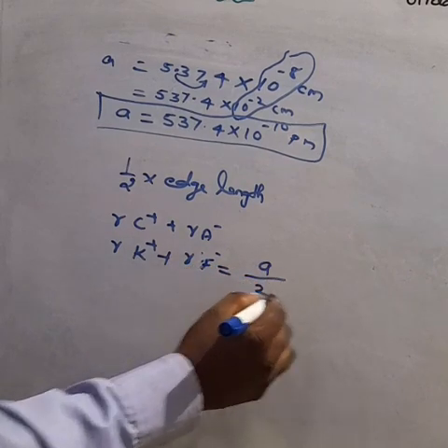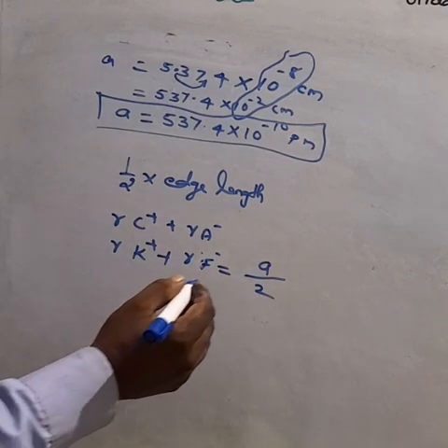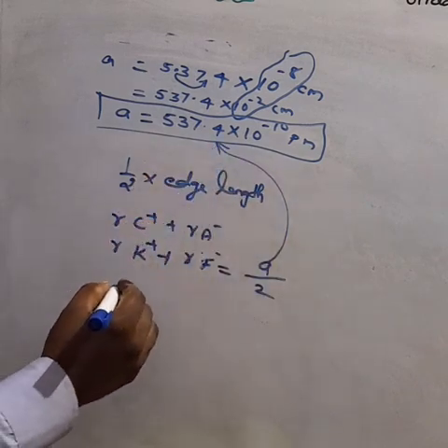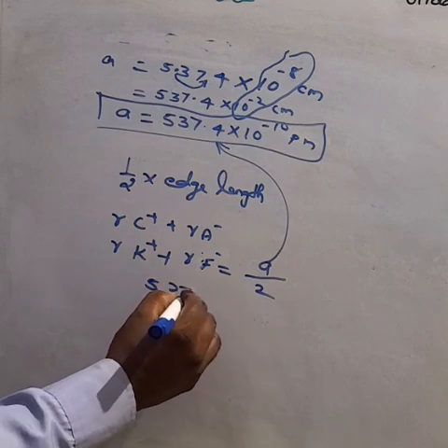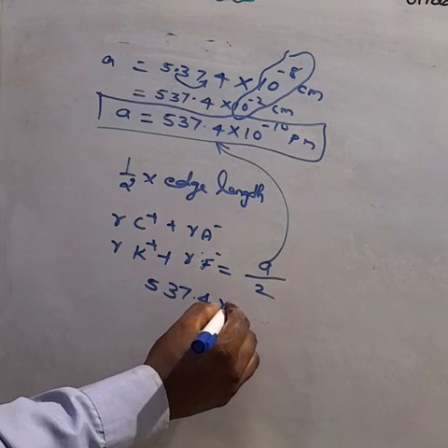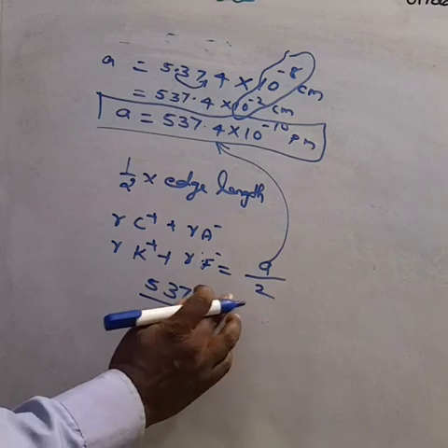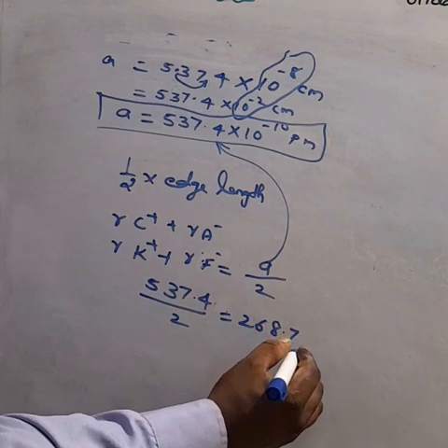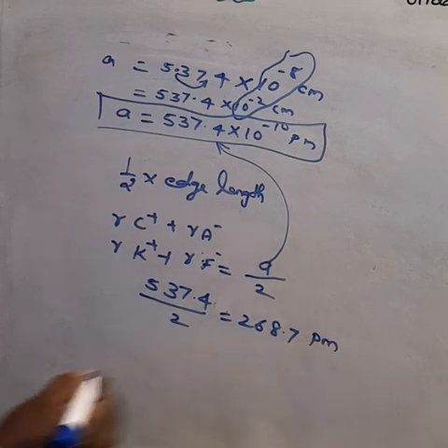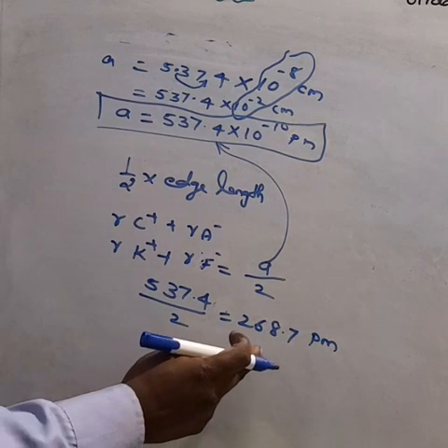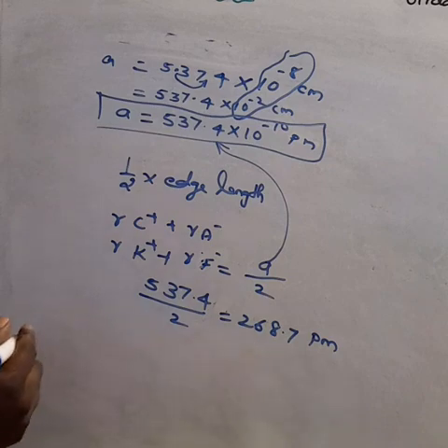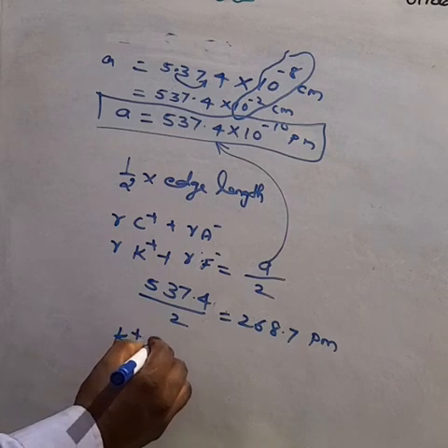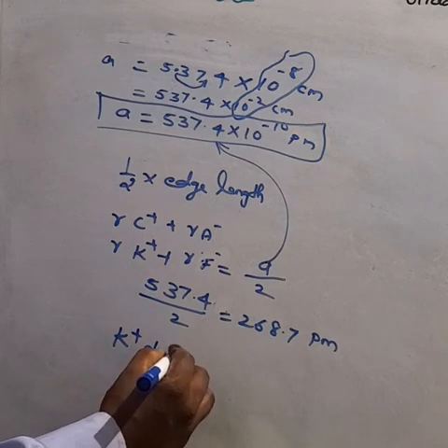Here A is 537.4, divided by 2, we get the answer 268.7 picometer. This is the distance between potassium K plus and F minus.